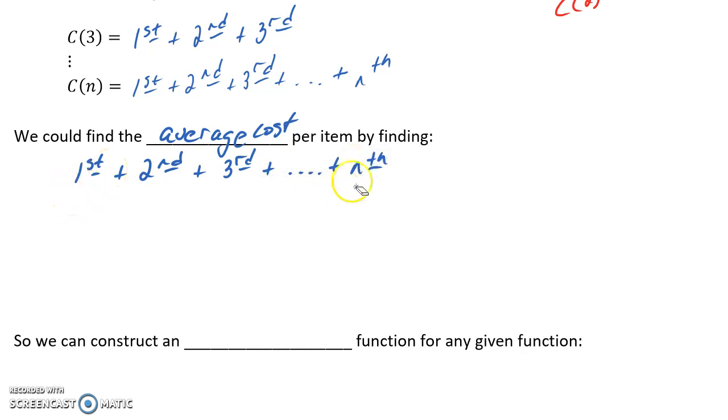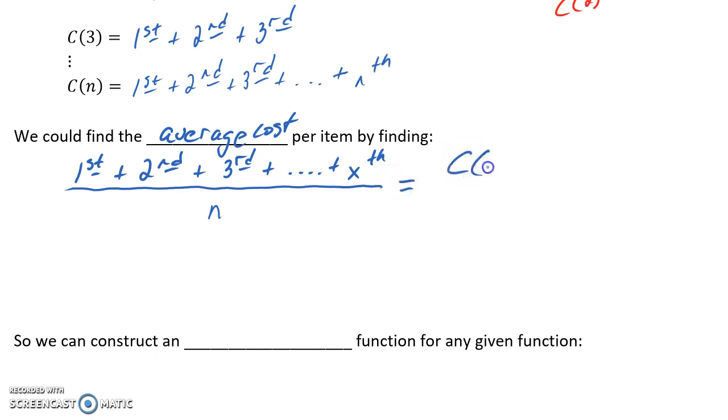Or actually, in this case, let's call that the xth item. So if we found out the cost of producing each of those items individually, added all of those up, and then divided by the number of values that we produced, that's just the same thing as finding the average of a set of numbers.